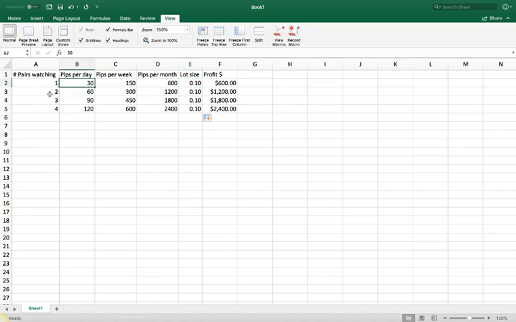Okay, now if you could take it up a notch, right, and you can get some consistency and maybe watch two pairs and get two setups a day, then your income jumps up to $1,200 a month. Okay, and then three pairs and four pairs, your income just kind of grows, right? If you can get four setups a day, 120 pips, I mean that's $2,400 a month extra.